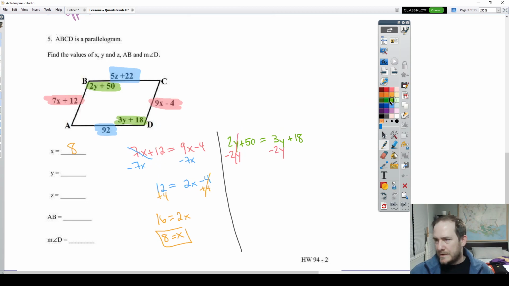Those cancel. I now have just the 50 on the left. And on the right, I only have 1y plus 18. So to solve, I just have to subtract 18. That cancels those. We now have y. And 50 minus 18 is 32.